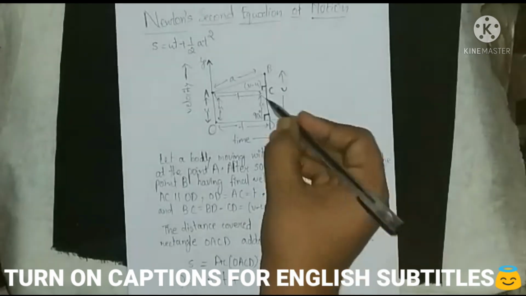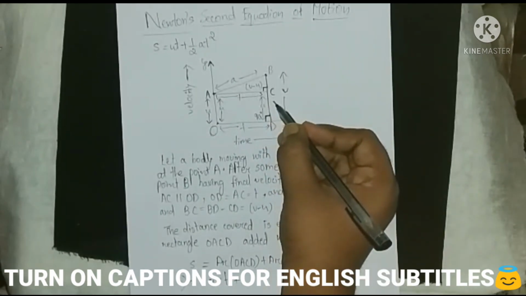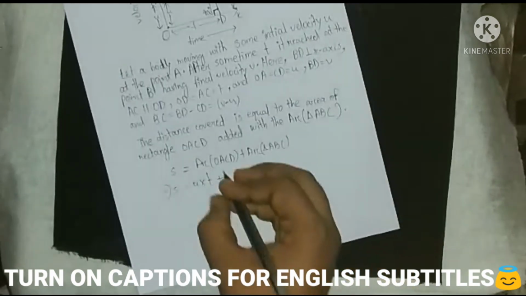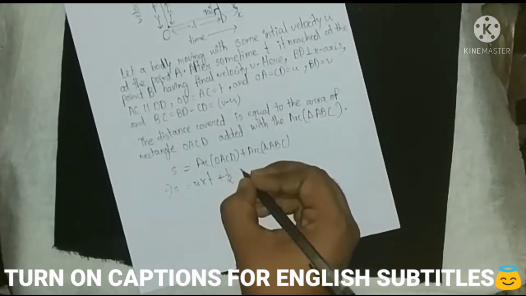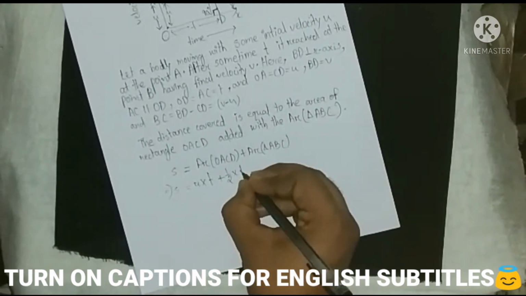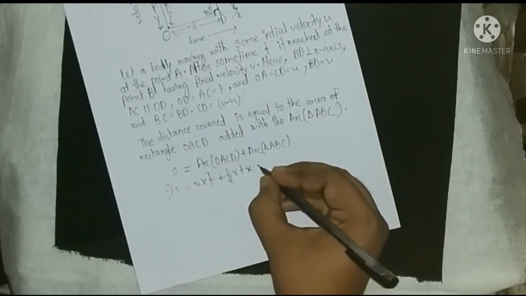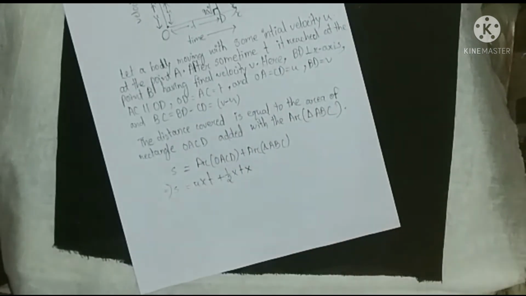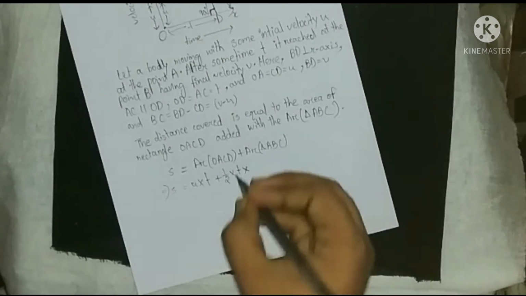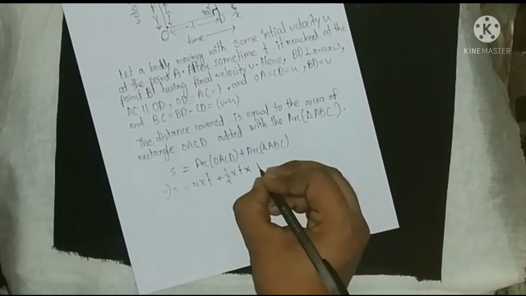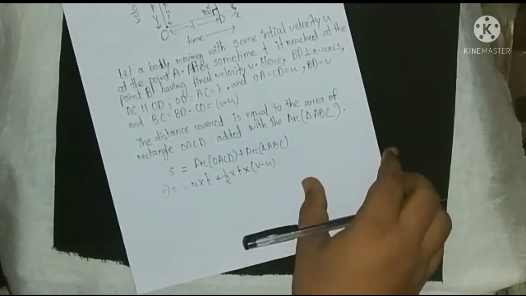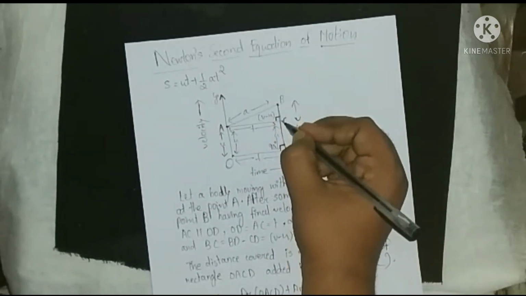So half into base, which is t, multiplied with V minus U. The height is BC, and BC is equal to V minus U.